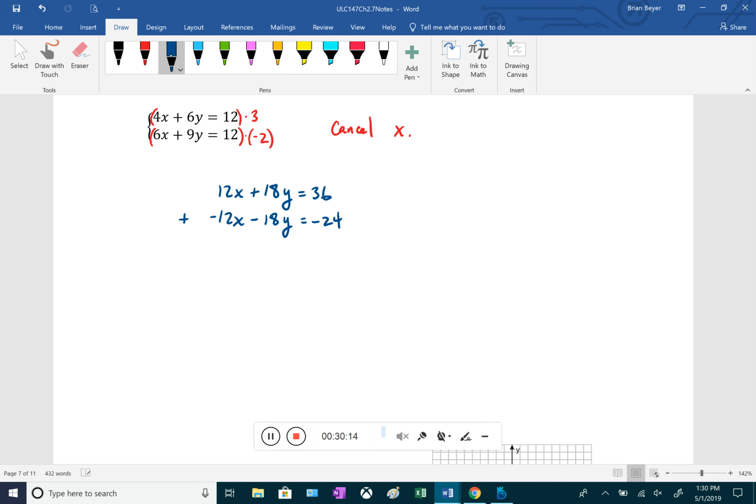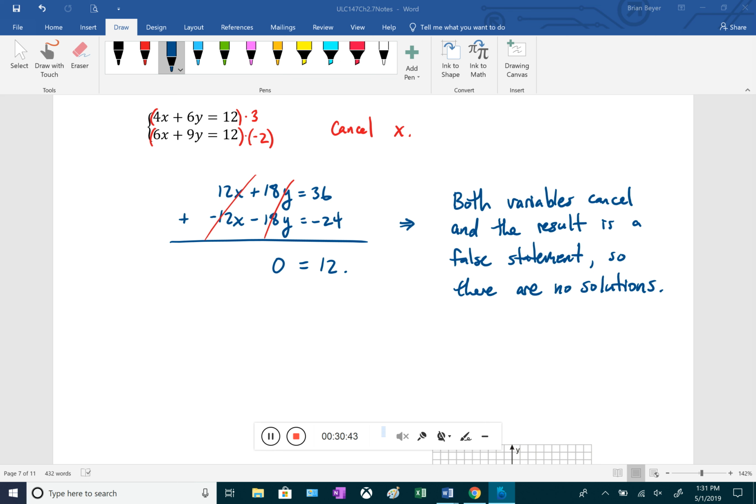Now we're going to add these up. We expected the x's to cancel, but the y's also cancel. We have 18 minus 18, so we're left with 0 on the left. 36 minus 24 is 12. So we're left with 0 equals 12. The variables cancel and we got a false statement. 0 does not equal 12. That means there are no solutions here.